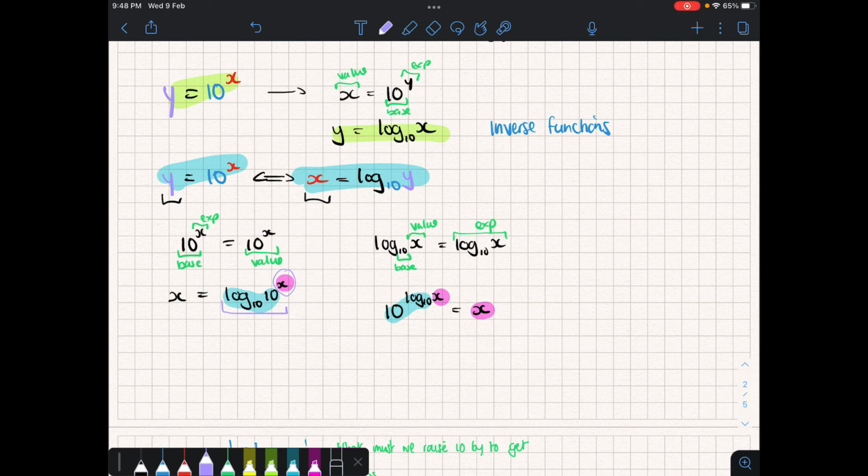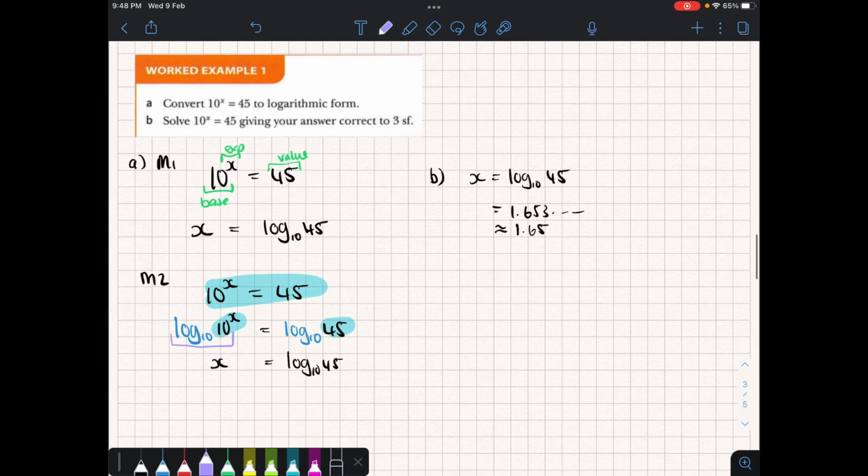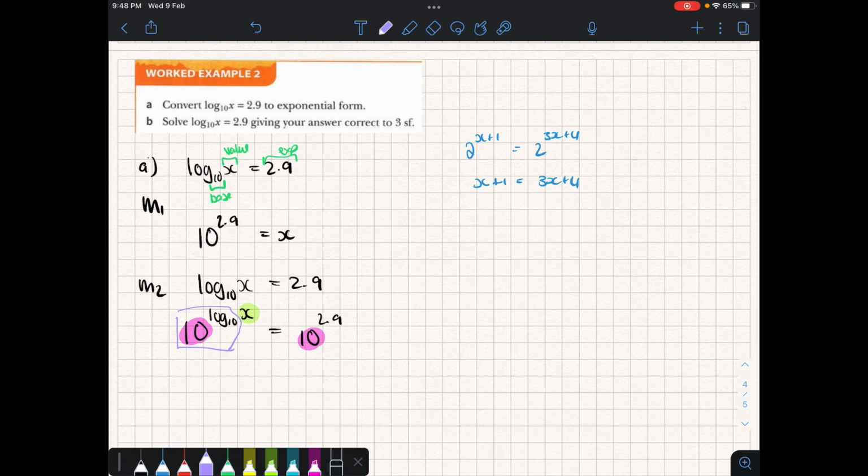So if we have a base raised to a log with the same base, we could see that it was equal to the value, right? That means that in this example here, we can simplify the left-hand side into just x, which is the same as method one, right?